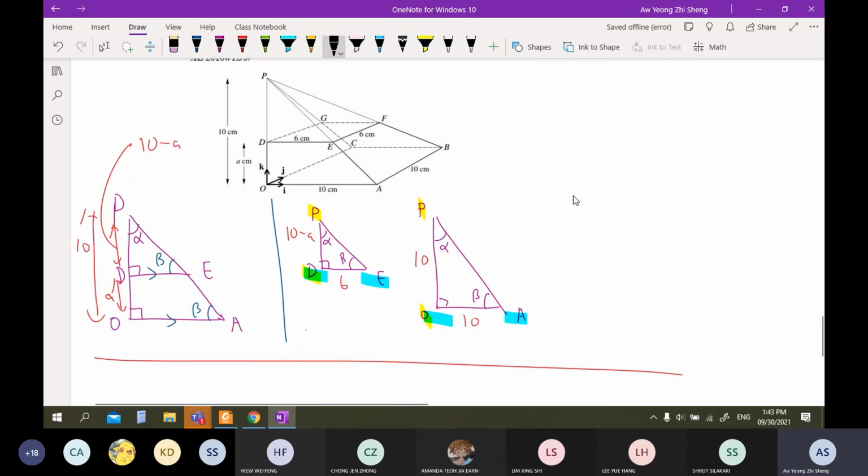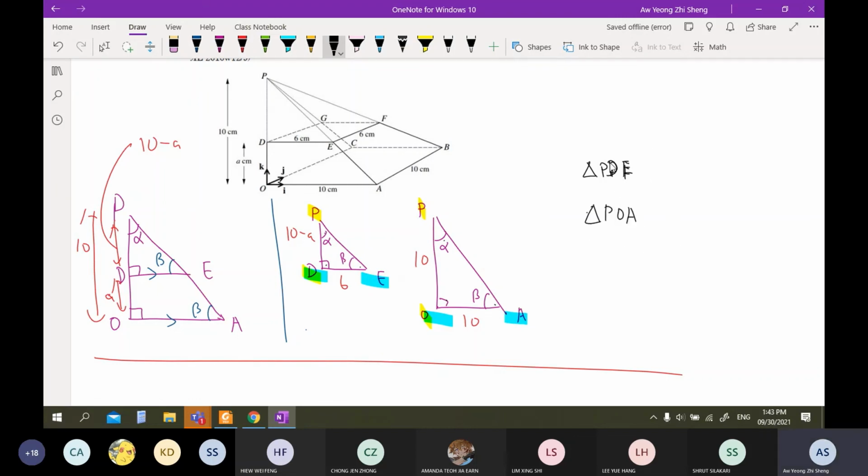When naming similar triangles, it is advisable to name the vertices following the corresponding order of the angles. So if you name your first triangle as triangle PDE, where you start from angle alpha followed by 90 degrees followed by beta, when you name the second triangle, it is advisable to follow the same order. You start from angle alpha, 90 degrees and beta. So you have POA.